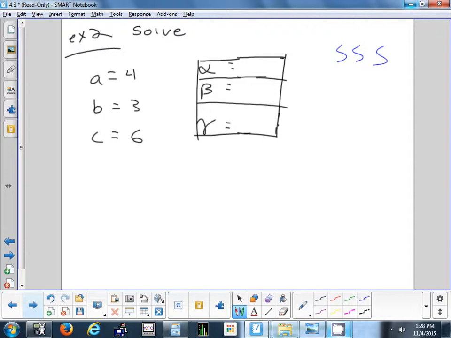A squared equals B squared plus C squared minus 2 BC cosine alpha. Okay, so as she said it, I filled it in. A squared, B squared, C squared, 2 BC cosine alpha.